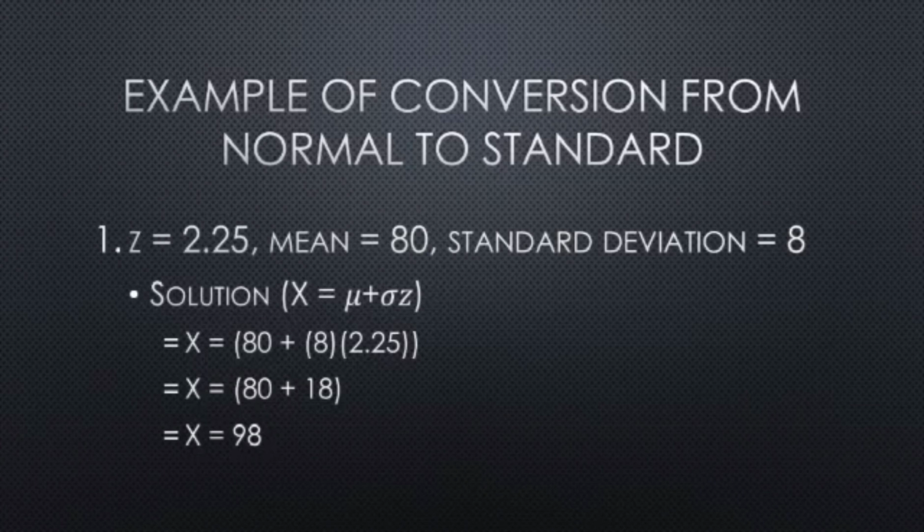We will solve first the 8 times 2.25, where we'll get 18. We will add it to 80, receiving a value of 98, which was our value earlier.